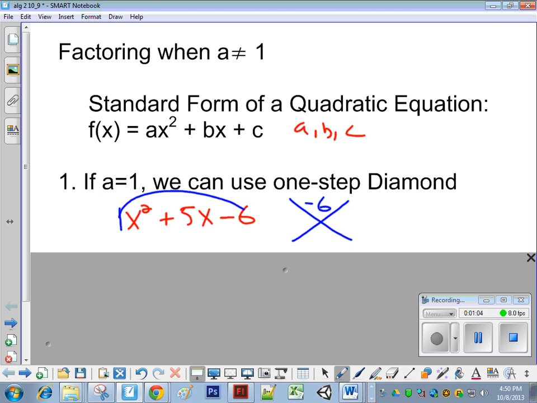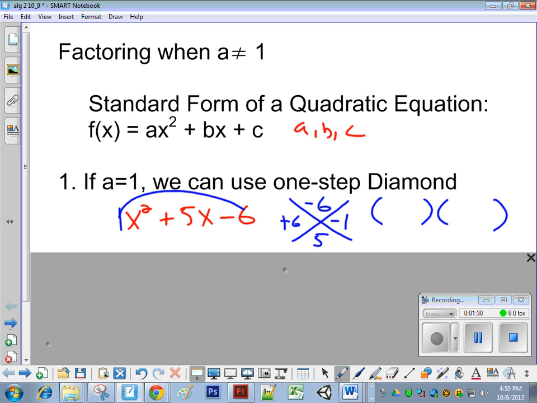The middle number goes to the bottom. Now the factors of negative 6 that add to 5, we see 2 and 3 would be adding, but because they're subtracting, I think we would go with negative 6 and positive 1. No, it's going to be positive 6 and negative 1. In this case, it should factor out to this.